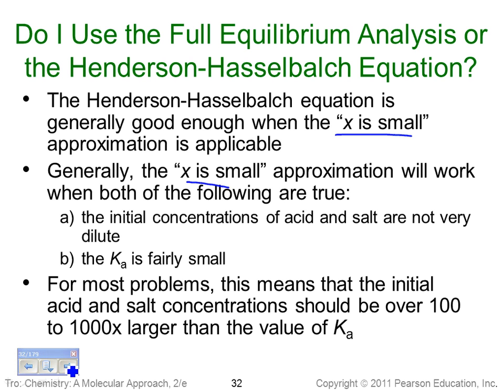Of course, if x is small, it also makes my full equilibrium analysis, my ICE diagram, a lot simpler. You just have to make a personal choice for which one is faster and quicker for you.